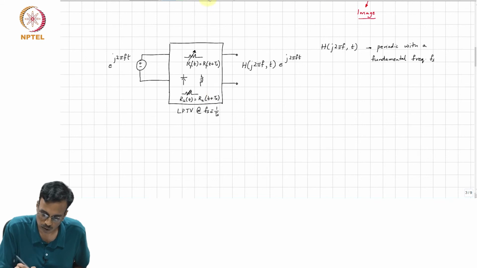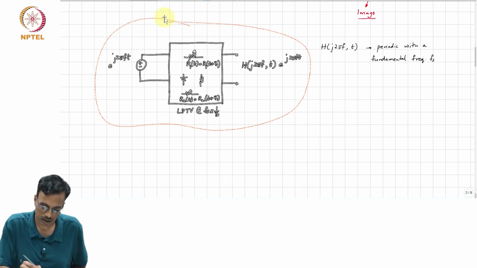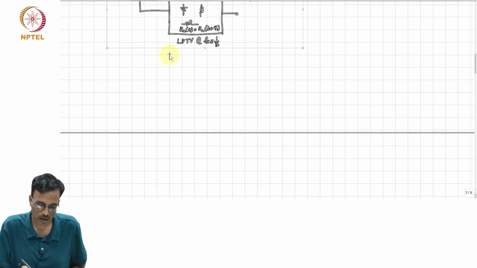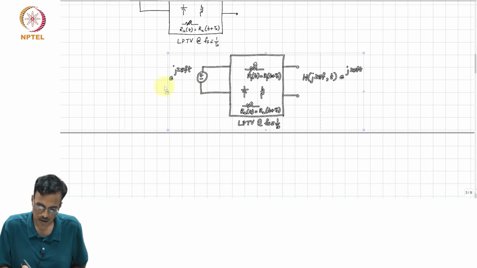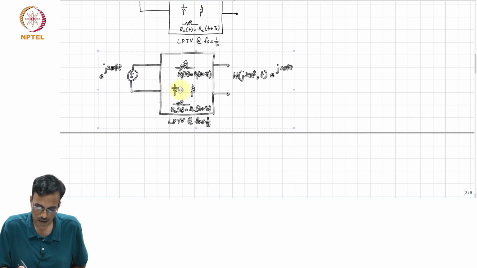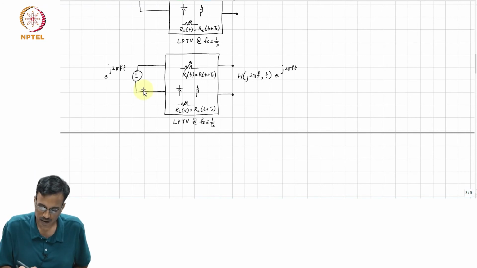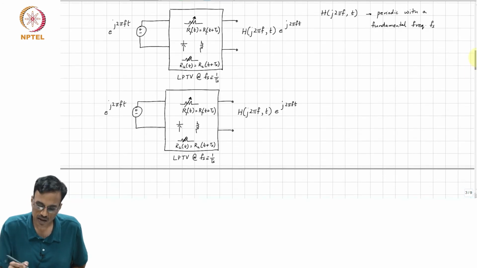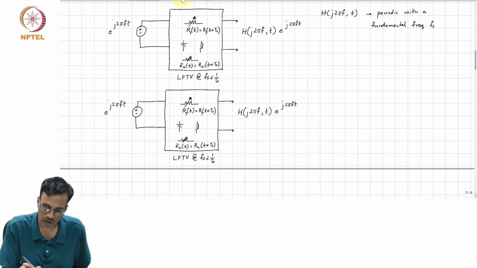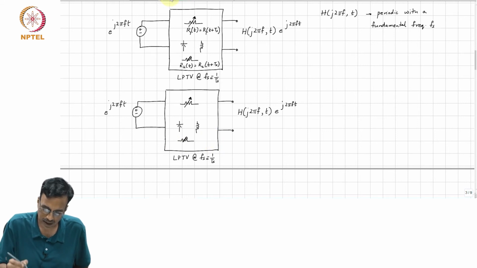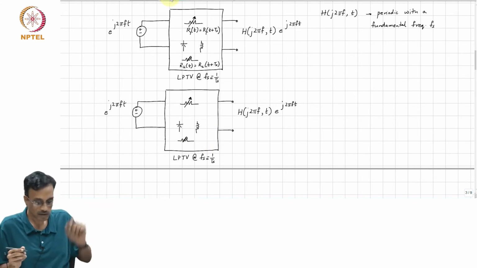Now, what I am going to do is change the time variation of all these resistors. In other words, the only time varying components in the network are the resistors.